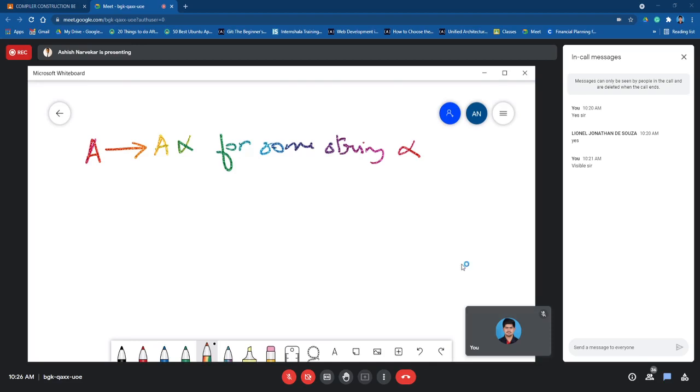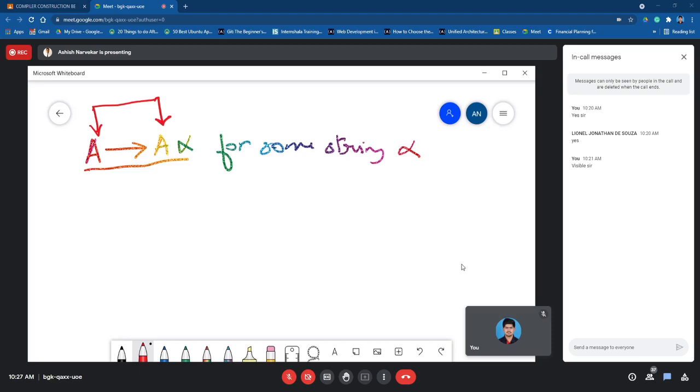So if you have a grammar with a production rule saying that A derives A alpha for some string alpha, then this particular grammar is said to be left recursive. The main thing to be understood and remembered is that the left hand side of the production, which is a non-terminal, appears as the leftmost symbol on the right hand side. So in this case, it is called left recursion.